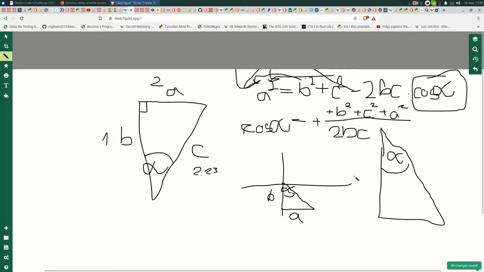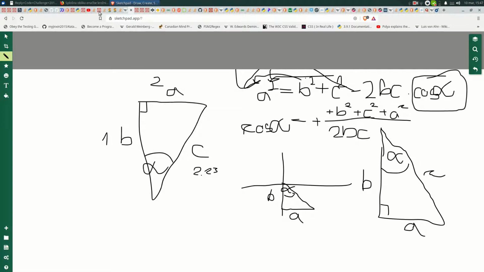So B is still B, A is still A, C is still C, and so this is in the CB, still get A. All right.